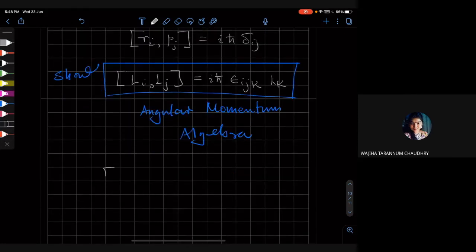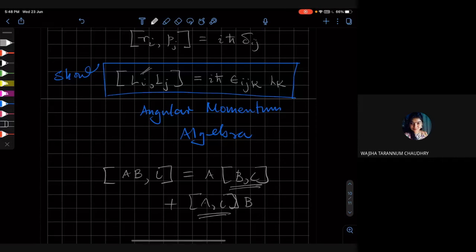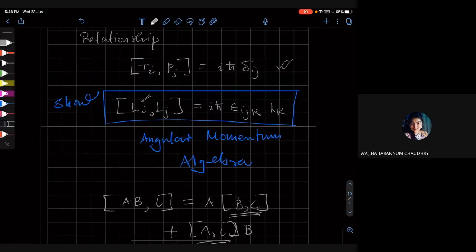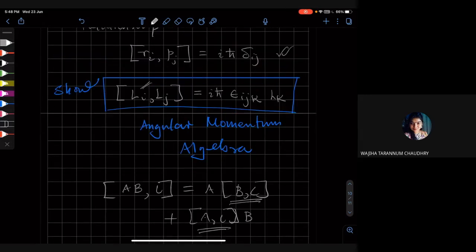One thing you will need, because these are products of operators, right? You will need the fact that if you have a product of two operators and you take the commutator with another operator, then you get something like A commutator BC equals commutator of AB times C plus B times commutator of AC. Then you can use your fundamental commutation relationship to work this out.